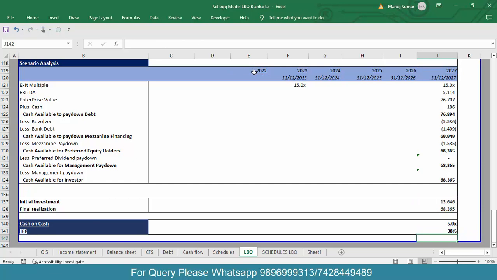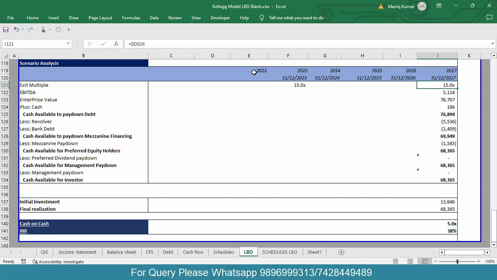And if the minimum condition for IRR is, let's suppose, 25, so we are getting much more than that. If minimum expected internal rate of return is 25, then IRR actually in this project is 38%. So we would like to go with the project. Okay, we would like to proceed with this transaction.